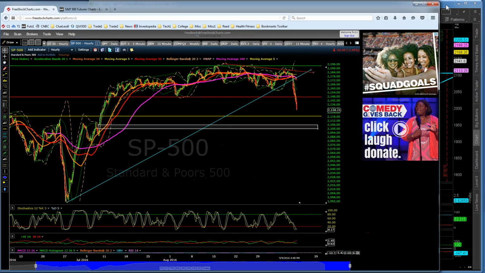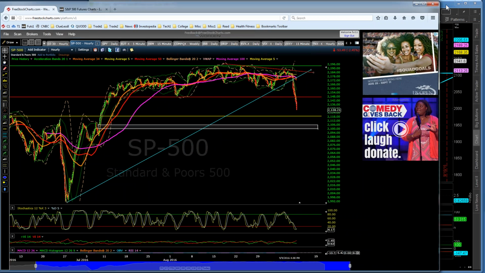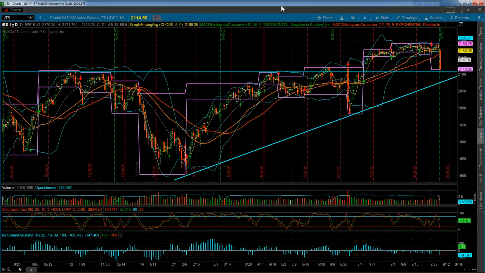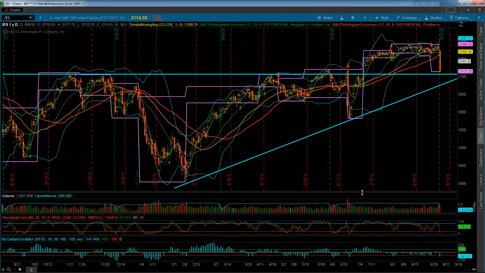My primary platform is Thinkorswim. Dynamic platform, fantastic for active traders, just like TradeStation and such. I always suggest you have at least one platform that mimics one of mine. In other words, whatever you're using, just have one that matches some of the charts that I'm putting across. So I use Thinkorswim.